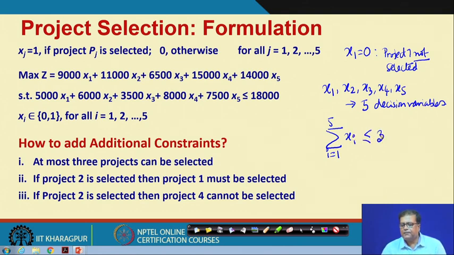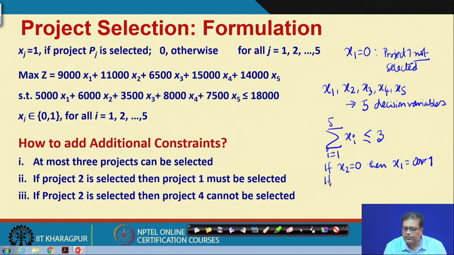That means the sum over i equal to 1 to 5 of xi should be less than or equal to 3, right. So, at most 3 projects can be selected. And if project 2 is selected, then project 1 must be selected. How do you do this? What does it mean? It means that if x2 equal to 0, then project 2 is not selected, then x1 could be 0 or 1, is it not?